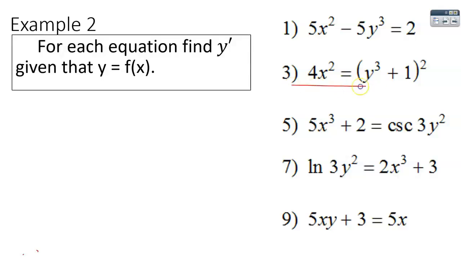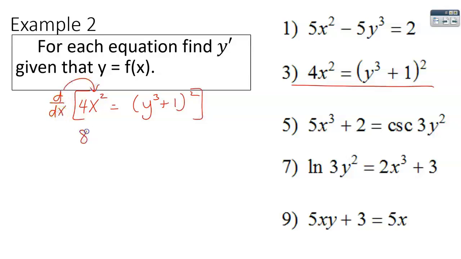So let's do this one really quick here. We have 4x squared is equal to (y cubed plus 1) squared. So we're going to put that whole thing in brackets, and we're going to put a derivative symbol here. The derivative of that's going to be 8x. This one is a chain rule.